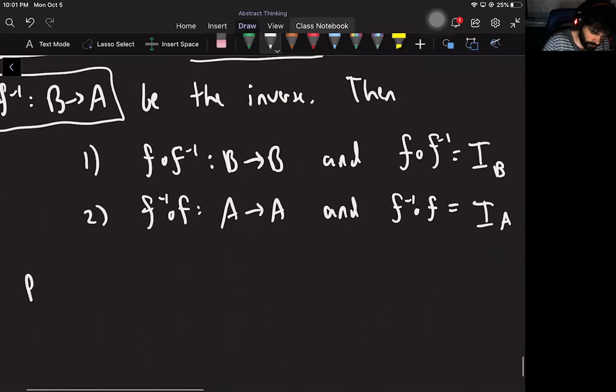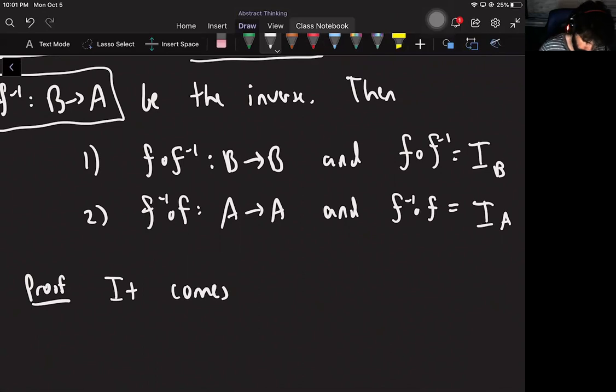In fact, the proof is the same as the proof of the other theorem, so I'm not going to do it. I'll leave it to you to write it up formally if you'd like. It comes from these facts that we just proved. Let me write them in the same order though. It just comes from the fact that this happens.